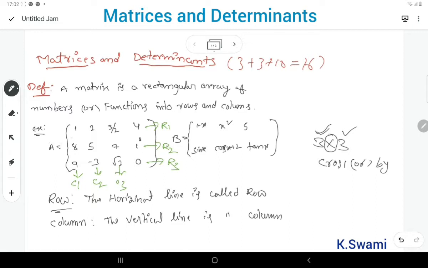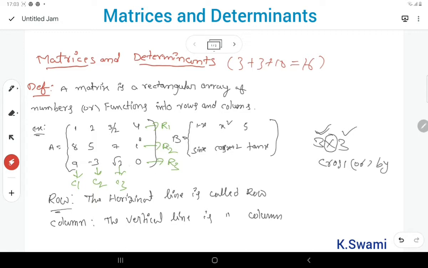For example, 1, 2, 3 by 2, 4, 8, 5, 7, i, 9, minus 3, root 2, 0. So 1, 2, 3 by 2, 4, 8, 5, 7, 9, root 3, root 2, minus 3 root 2, 0 are numbers. The remaining i is called the complex number.